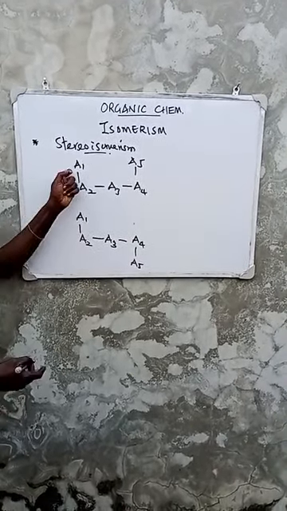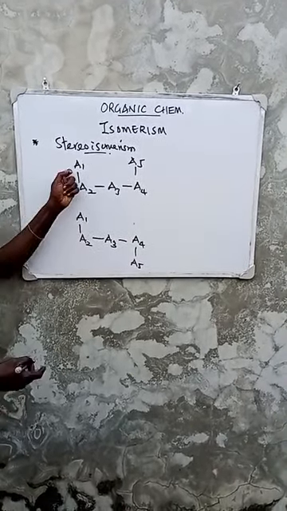In the second type of structural isomerism, we have chain isomerism. And for you to quickly identify them, we have two types of chains. We have the straight chain, an example is this one, and we have the branched chain, an example is this. You can see that each structure has 4 carbon atoms: 1, 2, 3, 4.